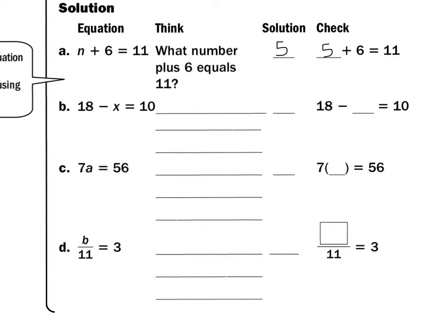In B, we're going to write the question out that we have going on here. We have 18 minus x equals 10. So our thought process is, 18 minus what number equals 10?